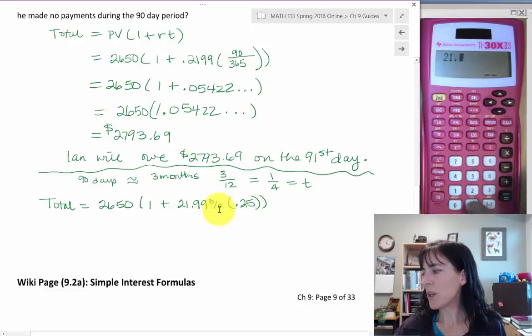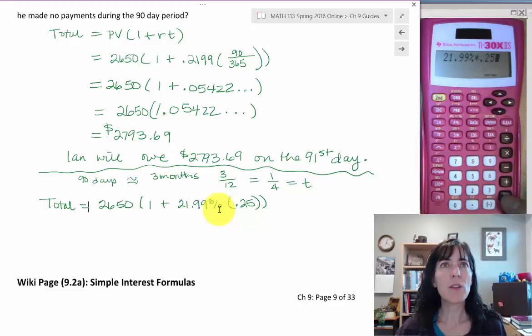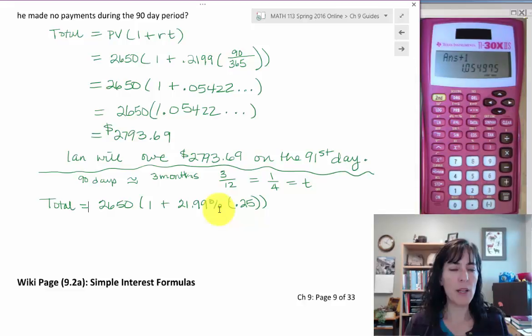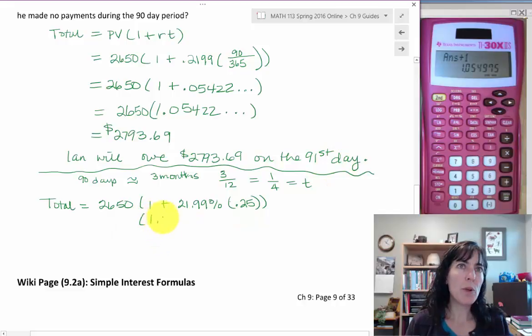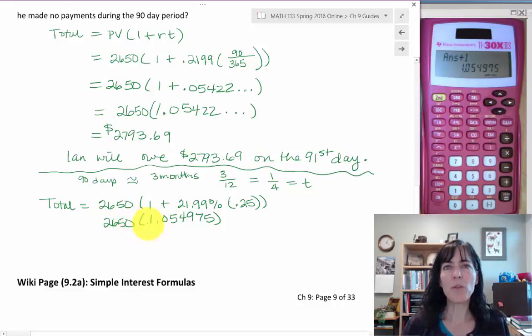So 21.99% times 0.25. So there I have my interest rate times my time, and I get 0.054975, and you can see it's a little bit different than what I got using the 90 out of 365. And then add 1 to that, and so now I have 1.054975. And it's nice to use the 0.25 because you don't get as many decimal places, but either way we can work it the same way.